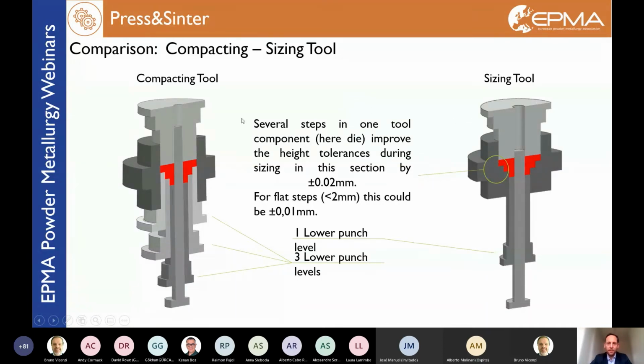The sizing tool is obviously similar to a compaction tool, but much more simple. If a compacting tool with a part of this geometry needs 3 lower punches, 1 upper punch, the sizing tool has a stepped die, since I don't need to densify each level once again. A core rod and an upper punch and a lower punch. So it's simpler than the compaction tool.